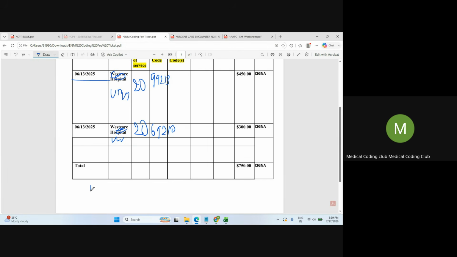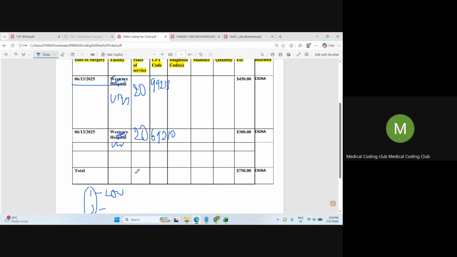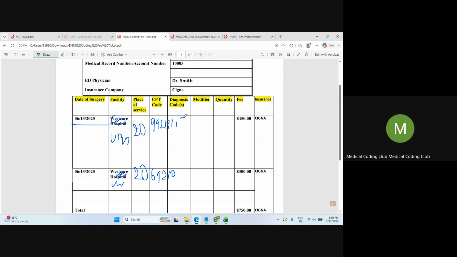For example, 1 was low back pain, 2 was bilateral impacted cerumen, so 1 2. These are the linkage pointers. So I'll code both 1 2. That means the ENM level evaluation was done for low back pain and bilateral impacted cerumen also. That's why I'm using 1 2 both.